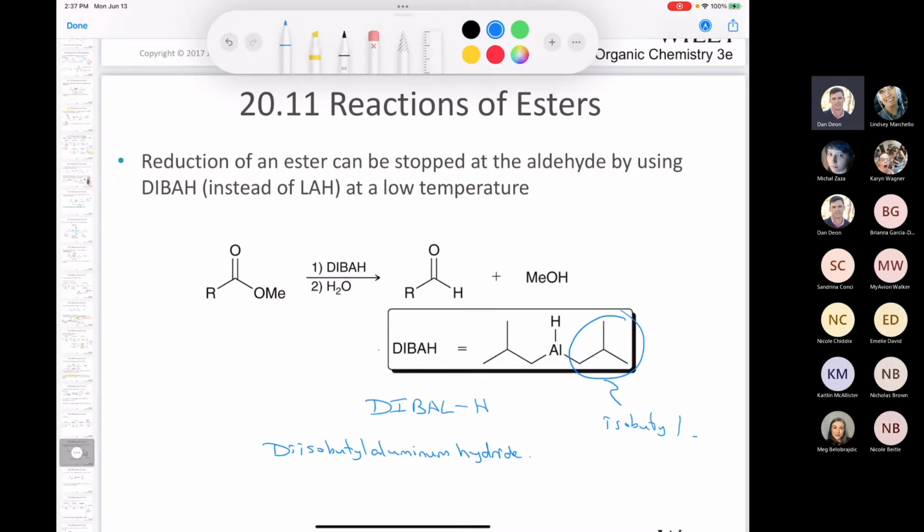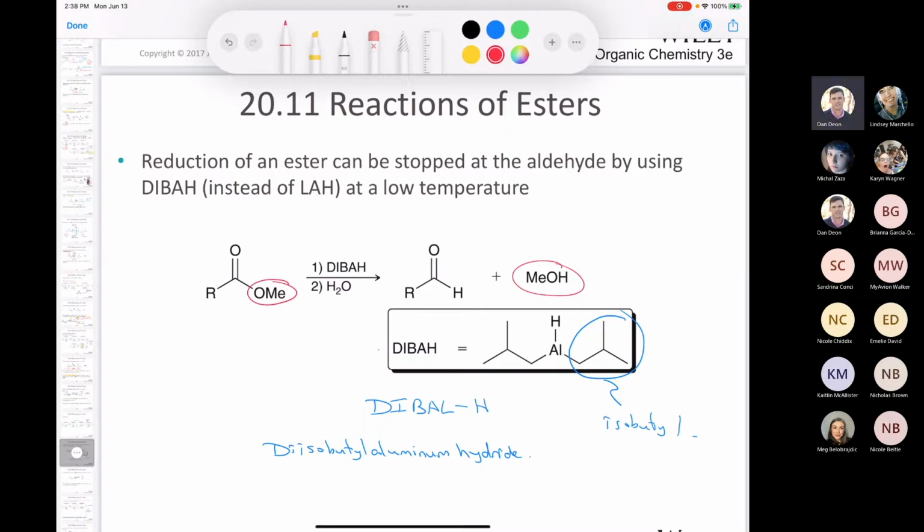It's a way to stop it at the aldehyde. With the acid anhydride and the acid chloride, the way we stopped at the aldehyde was using lithium tri-tert-butoxyaluminum hydride. Now it's a different hydride delivery agent. So DIBAL followed by water gives you the corresponding aldehyde, and of course you also liberate the alcohol.